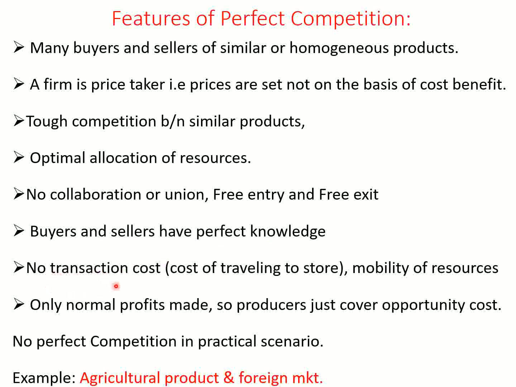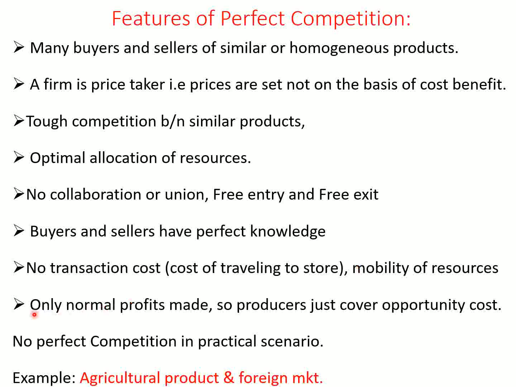That means the cost of traveling to a store is almost zero, or we can transport all the factors of production without any restrictions. There is no monopoly power on the supplier side. So we can transport all the factors of production used to produce the products.